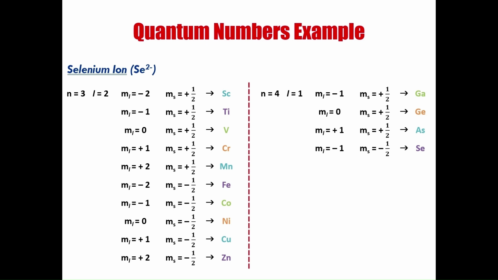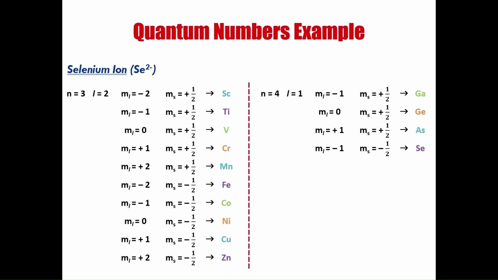Now, some of you are thinking, oh, we're done. We're at selenium. Well, actually, I've picked out the selenium ion as my example. And so you can see that the selenium ion is 2 negative, meaning what I've done is I've added 2 more electrons to selenium. So if you follow that to conclusion, in fact, I'm not stopping at selenium. I'm stopping at the quantum numbers that are equivalent to krypton.